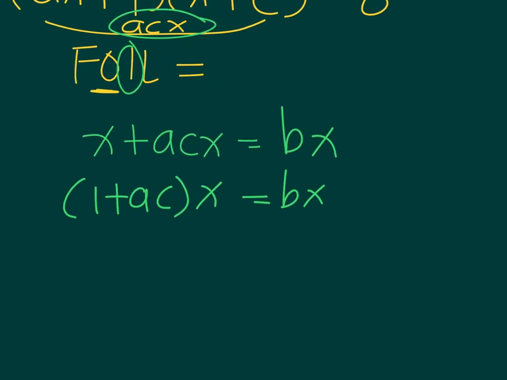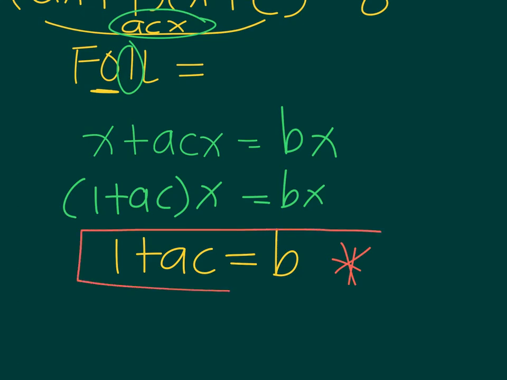By correspondence, 1 plus ac must be equal to b. Is that correct? 1 plus ac must be equal to b. So I need you to take note of this. This will be very important when we close the proof, on why it's negative b over a and c over a. So take note of this equation.